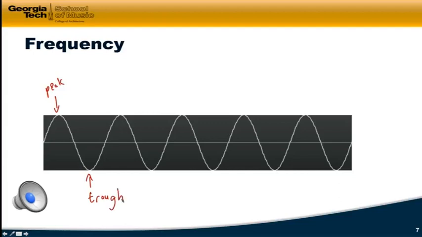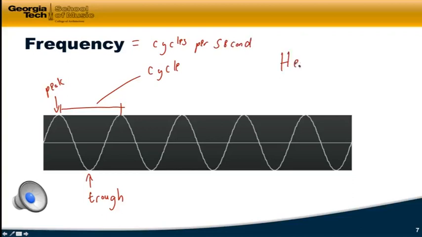If we measure the distance from one peak to the next peak, that is called a cycle. Frequency is simply measured as the number of these cycles per second, and it is measured in a unit called hertz, which is usually abbreviated as Hz.